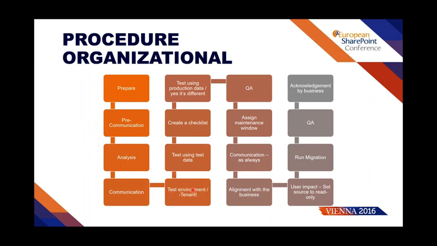It's also a very good idea to have a test environment, sure, but also a test tenant, a test Office 365. Use test data in the very first step to create a checklist so that you get comfortable with the steps needed. Later on, also switch to using real production data because, as always, production is different from test.